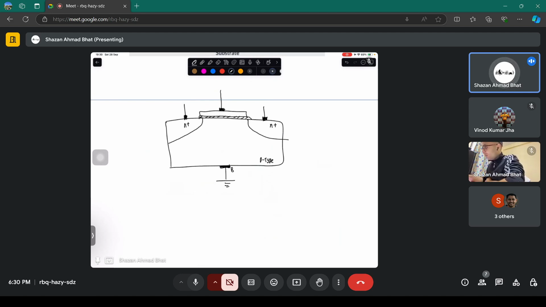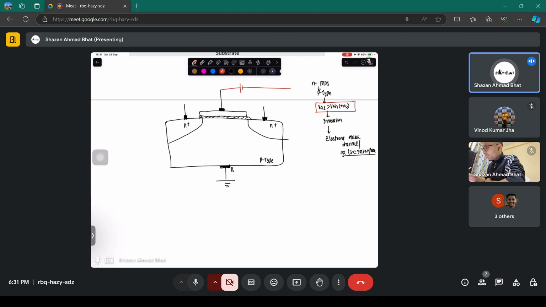And you know that if you have a MOS capacitor which is NMOS, having a p-type substrate, you apply a gate voltage greater than the threshold voltage, which is mostly positive. You induce the channel, you cause the inversion of the channel. When the inversion happens, you have excess electrons near the oxide-semiconductor interface.